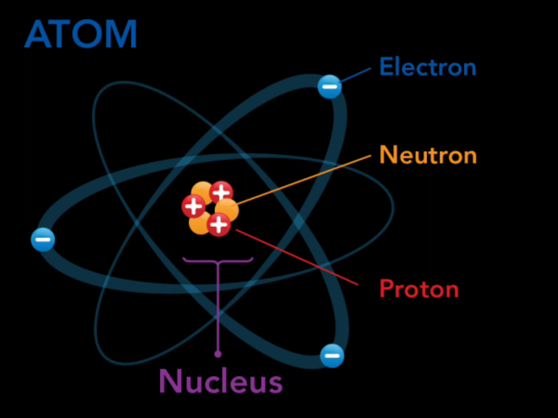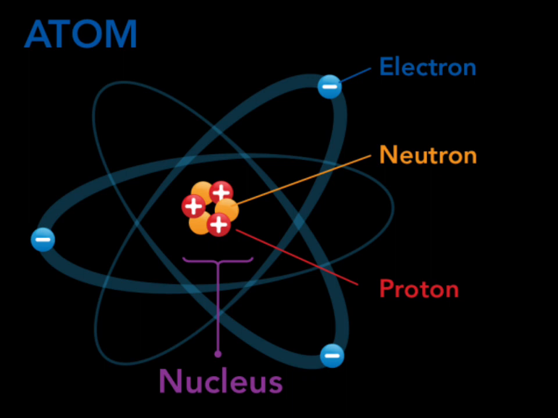So it's equal in number. 5 protons equal 5 electrons. But they are going to be different, opposite in charge. Protons are positively charged, then electrons are going to be negatively charged. So that atom has 5 positively charged protons, and also 5 negatively charged electrons.